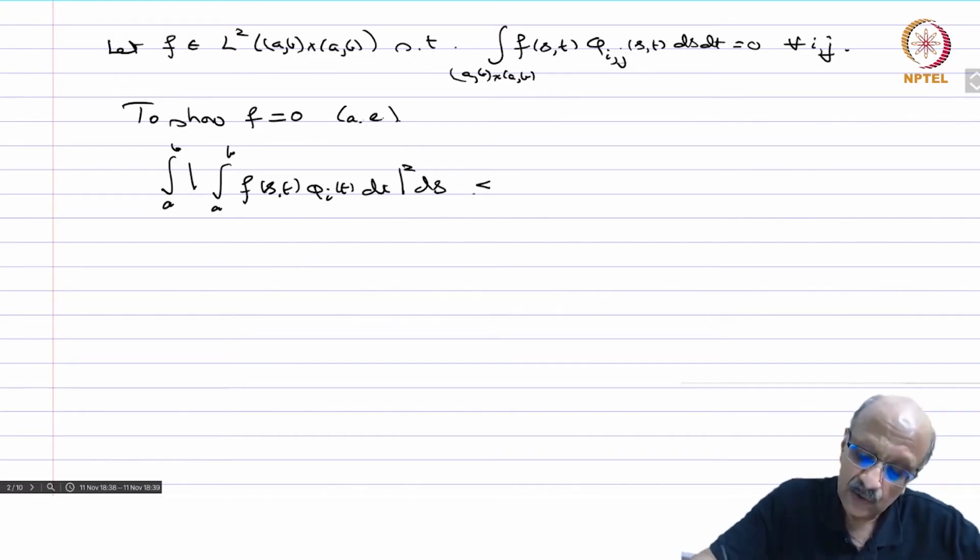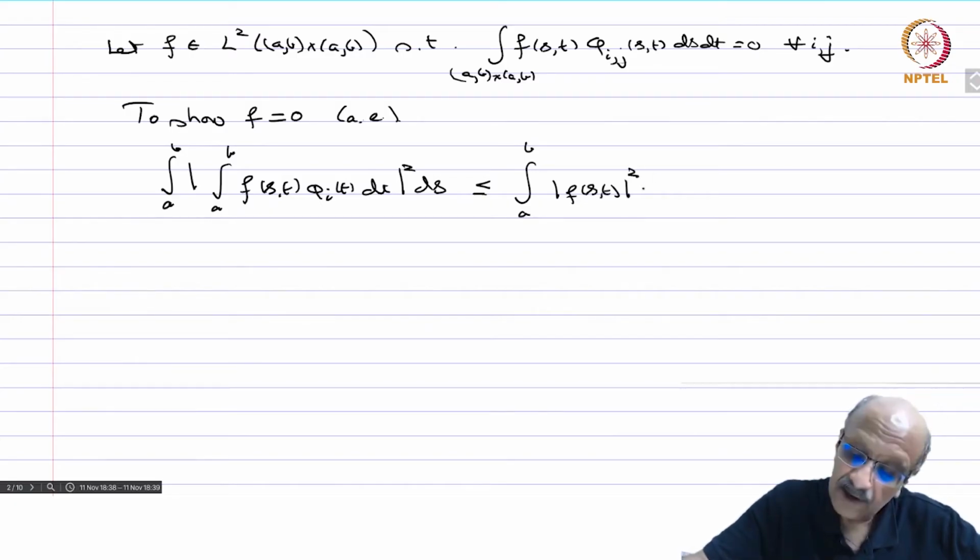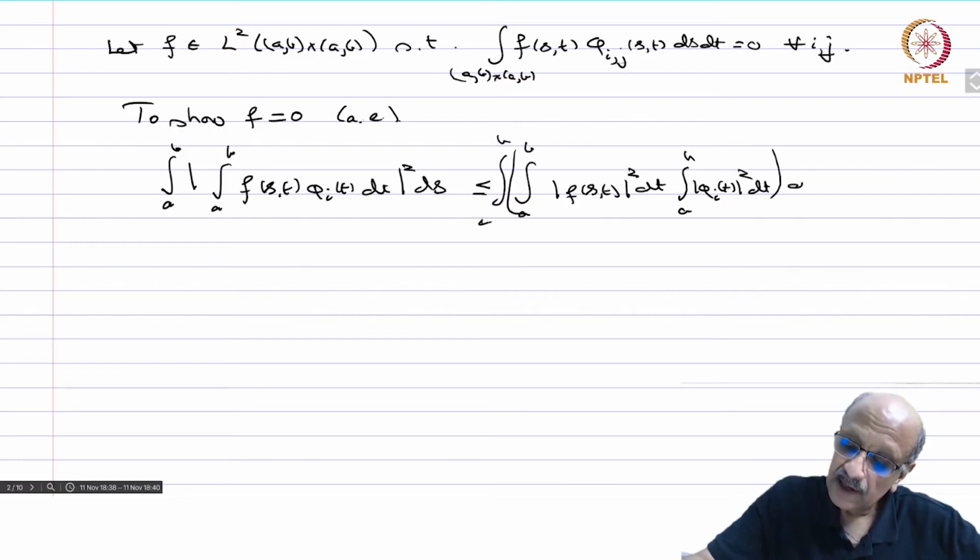This is less than or equal to, by the Cauchy-Schwarz inequality, integral a to b of mod f(s,t) square dt, and then integral a to b mod phi i(t) square dt, and then the whole thing integral a to b ds.